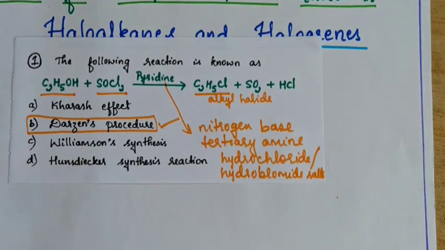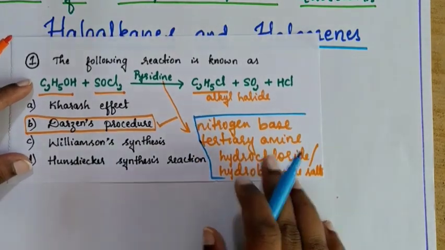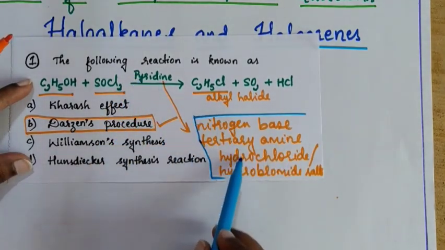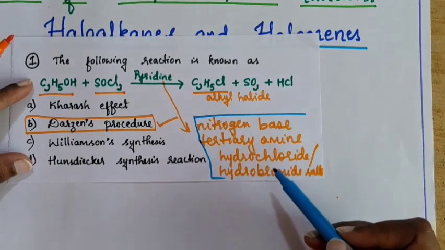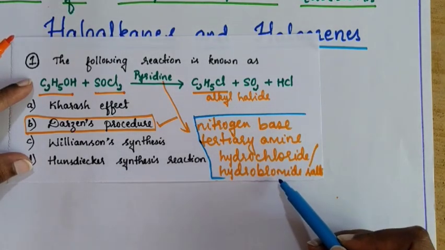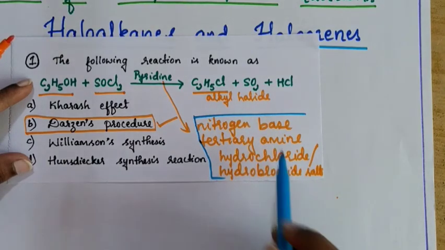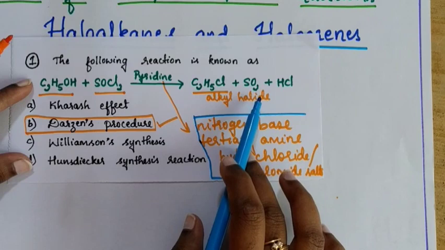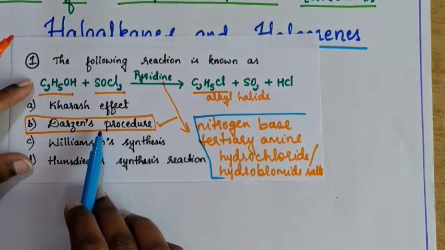Why I am giving this information is because in the next question they may ask, instead of pyridine, they may give any of these four conditions, like any nitrogen base, tertiary amine, hydrochloride salt or hydrobromide salt. In these four conditions also, we can do this reaction. So note down these four conditions also for Darzens procedure.